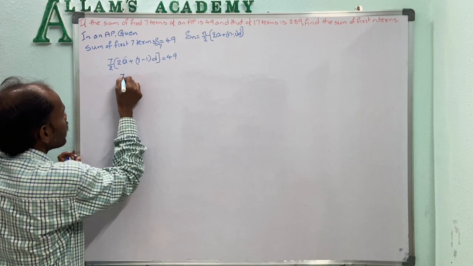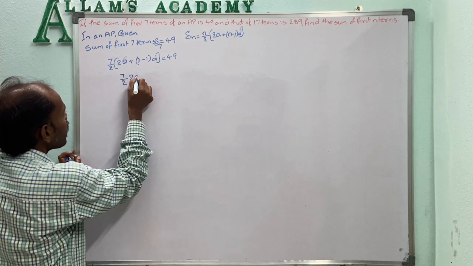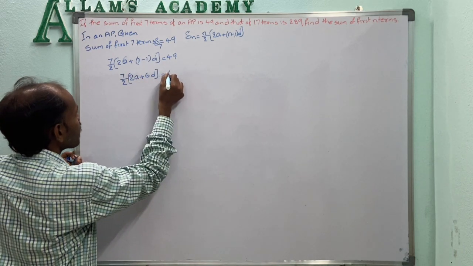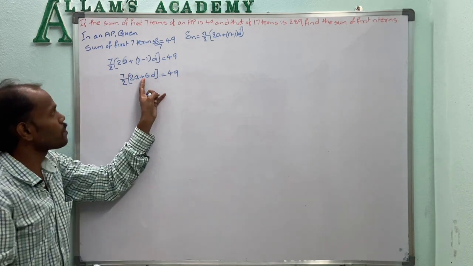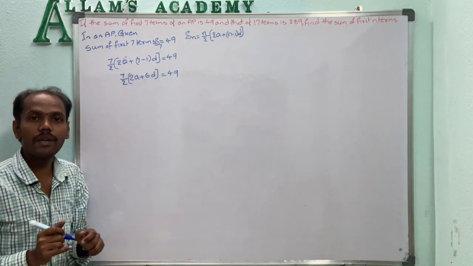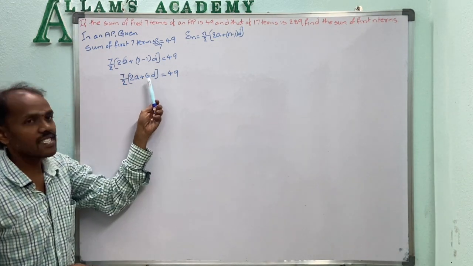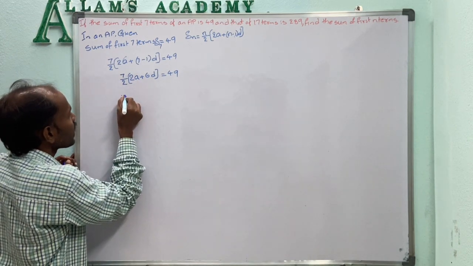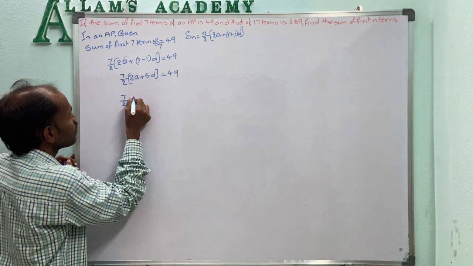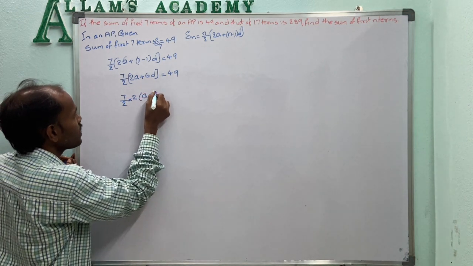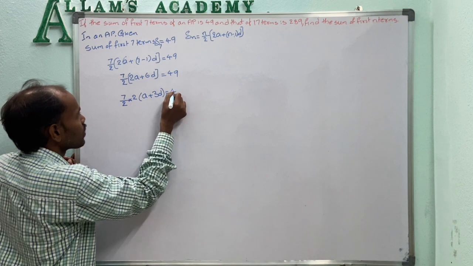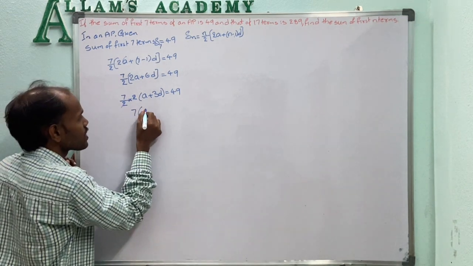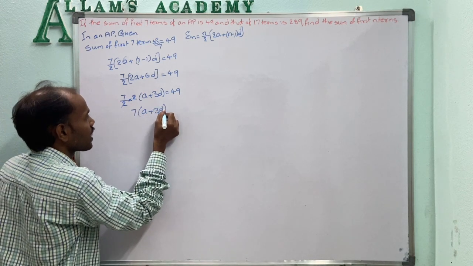So 7 by 2 into 2a plus 6d is equal to 49. Now 2a can be written as 2 into a and 6d can be written as 2 into 3d. So in this, taking 2 as common, 7 by 2 into 2 into a plus 3d is equal to 49. 2 gets cancelled. So 7 into a plus 3d is equal to 49.